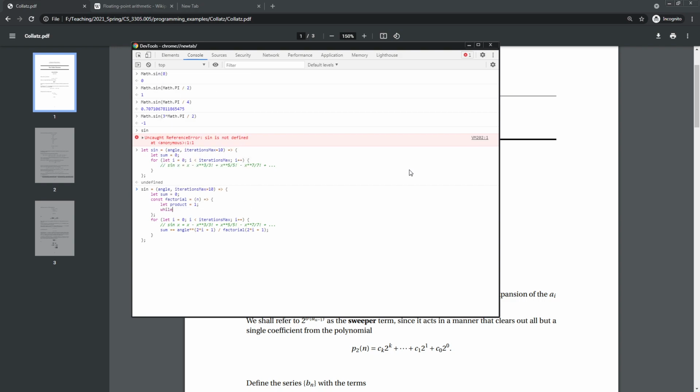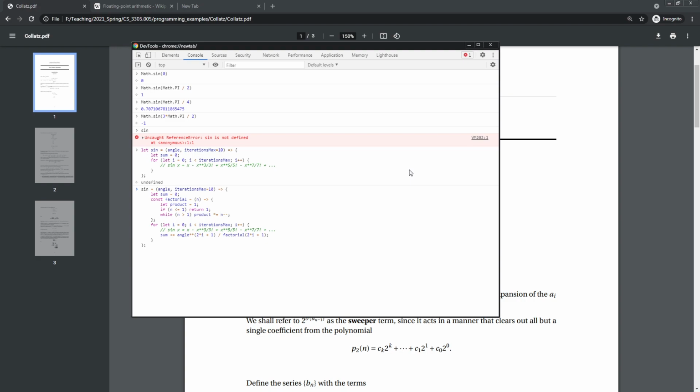So then, while, let's see, if n is less than or equal to 1, just return 1. Otherwise, while n is greater than 1, we want to multiply. So whatever our current product is times that.